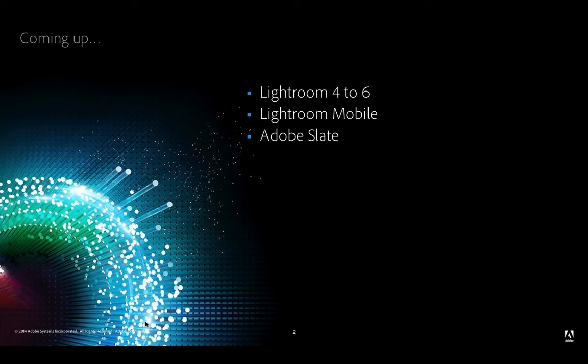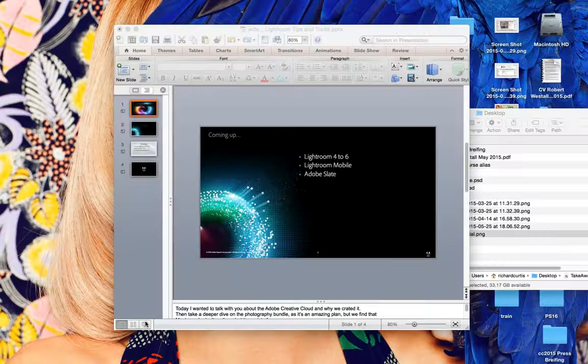But just so you know what we're doing today, we're going to go through Lightroom. What I thought we'd do is go through Lightroom 4, Lightroom 5, and Lightroom 6, and just show you some tips and tricks from all the different versions, because there are some great features in those versions to enable you to get your photographs looking amazing.